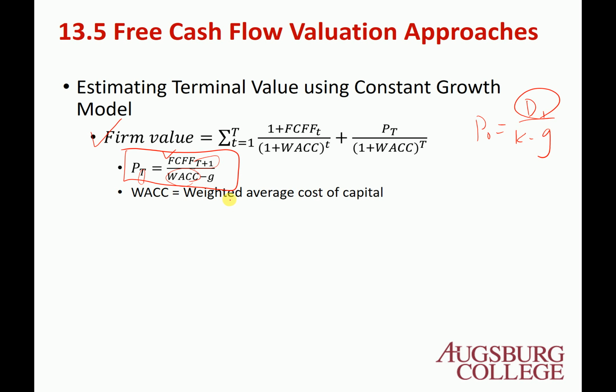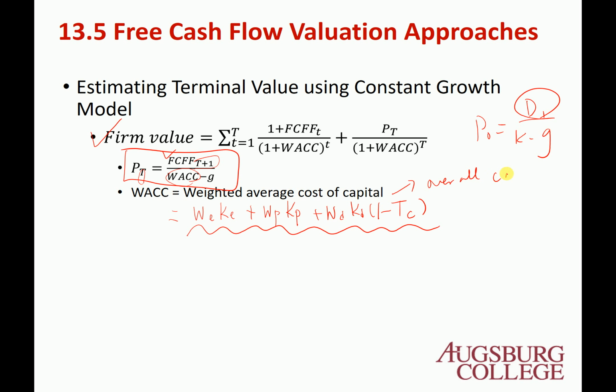WACC is the weighted average cost of capital, which is weight of equity times cost of equity, plus weight of preferred stock times cost of preferred stock, plus weight of debt times cost of debt times (1 minus tax rate), right? That's the weighted average cost of capital, the overall cost of capital for the firm.